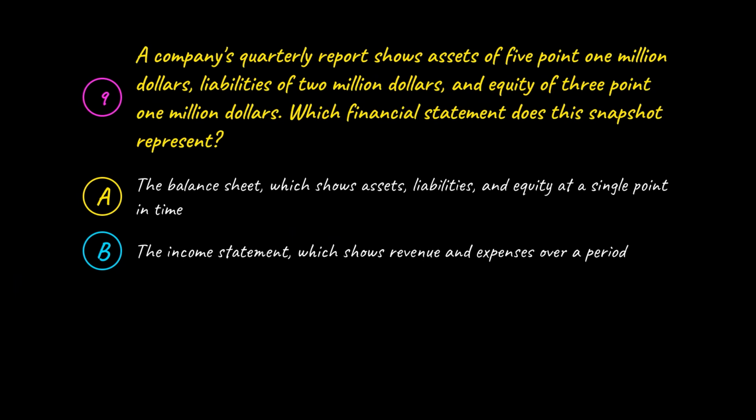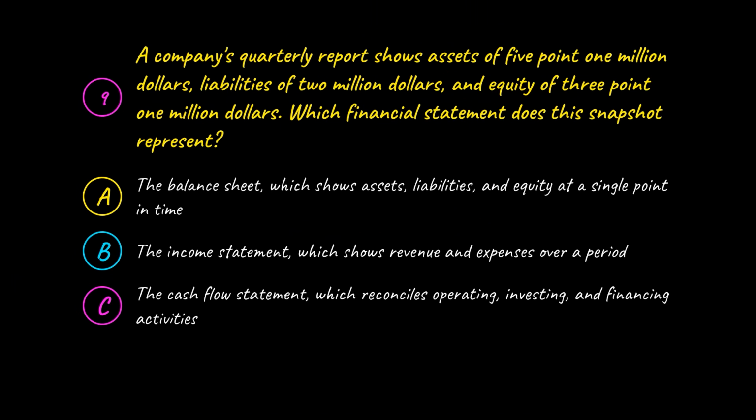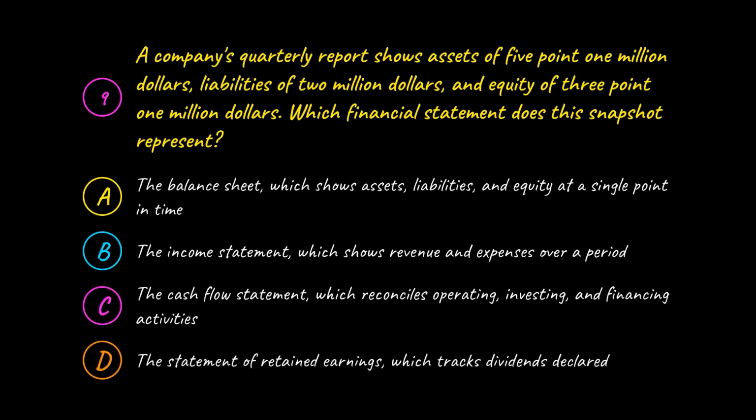B. The income statement, which shows revenue and expenses over a period. C. The cash flow statement, which reconciles operating, investing, and financing activities. D. The statement of retained earnings, which tracks dividends declared. Which one is it? Pause the video if you need more time.